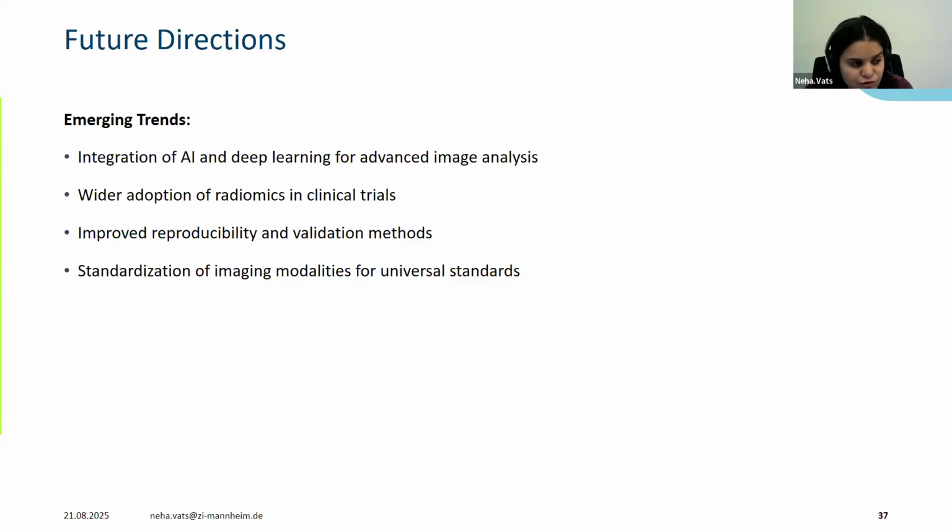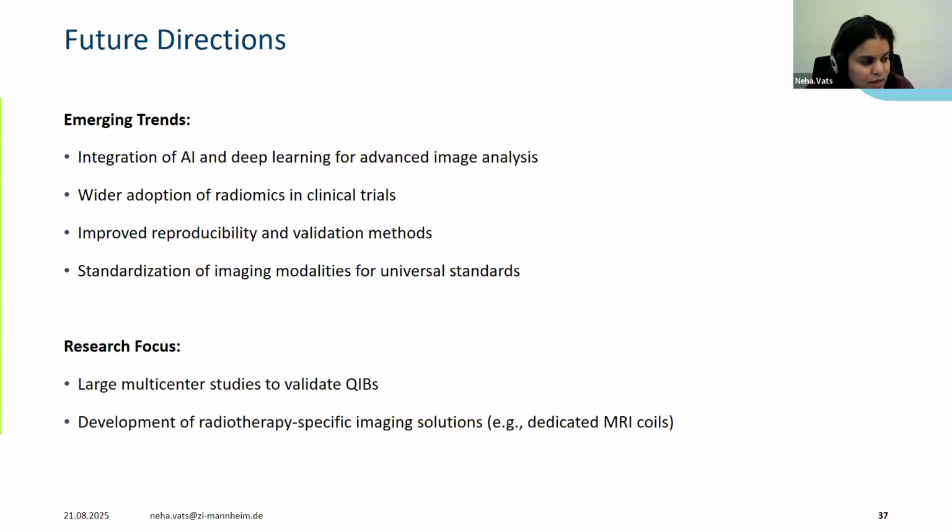And standardization of imaging modalities for universal acceptance. Our research focus should be on large multi-center studies to validate these quantitative imaging biomarkers and development of radiotherapy-specific imaging solutions. Example, dedicated MRI coils for radiotherapy purposes.